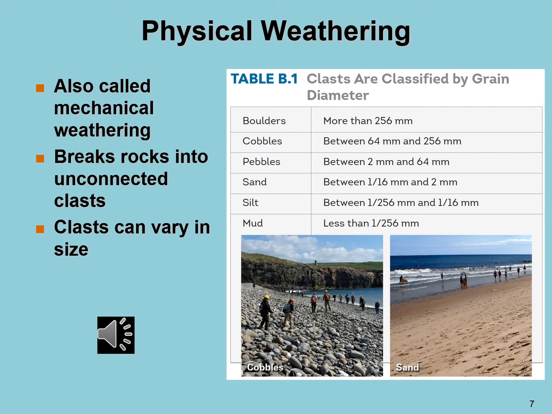Silt grains fall between 1/256 millimeter, or 0.0039 millimeter, and 1/16 millimeter, or 0.0625 millimeter, and mud is less than 1/256 millimeter, or less than 0.0039 millimeters.